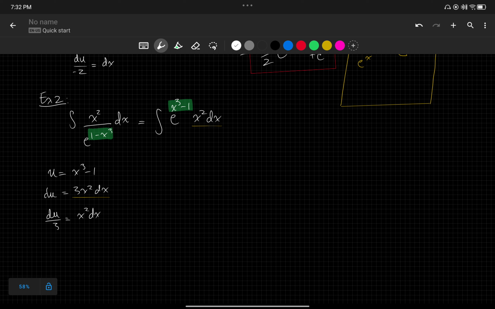Let's replace it. So this is e to the u, and then x squared dx was du over 3. And we said constants, push them out of the way in the front as a 1/3, e to the u du. And now very easy: 1/3 e to the u plus c, and put back what it was originally. It was x cubed minus 1.